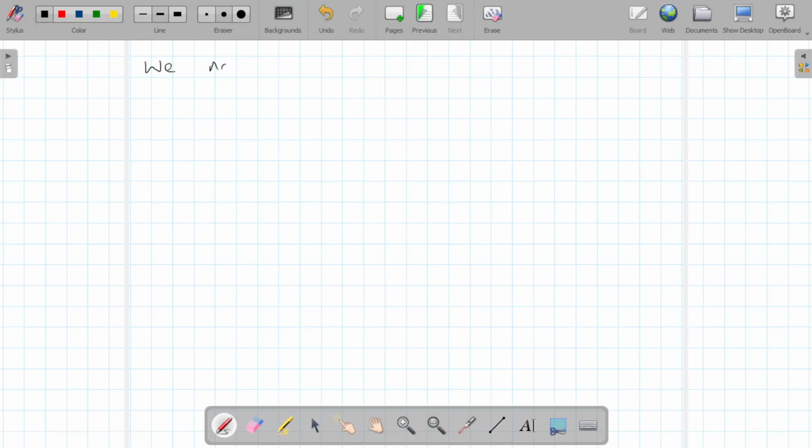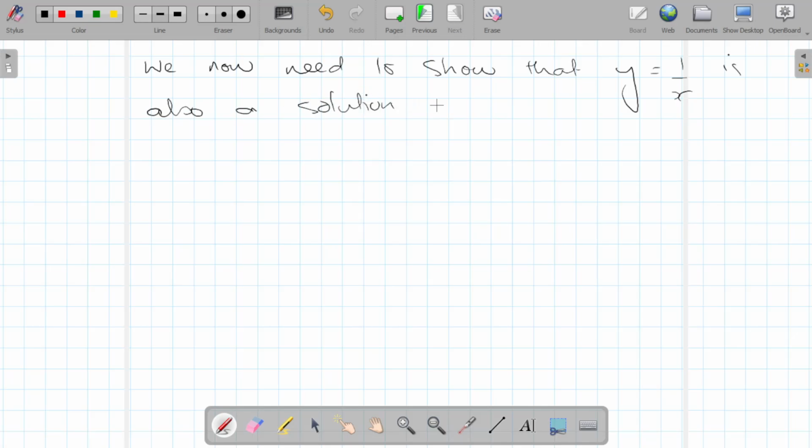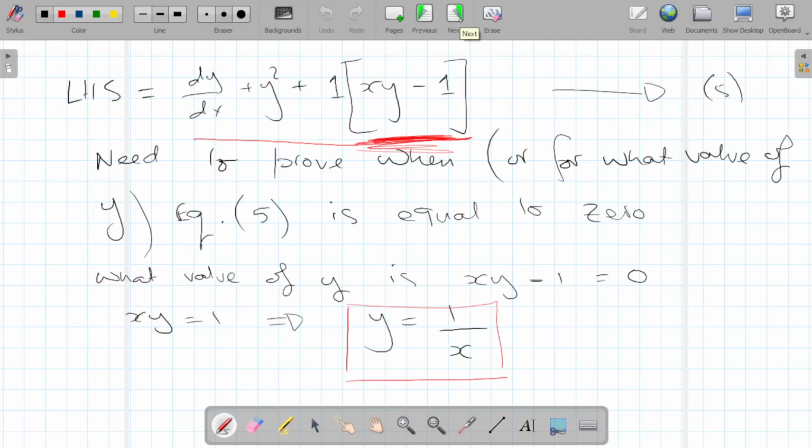We now need to show that y equals 1 over x is also a solution to the whole of equation 5.